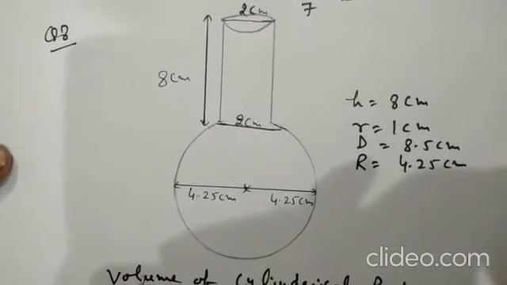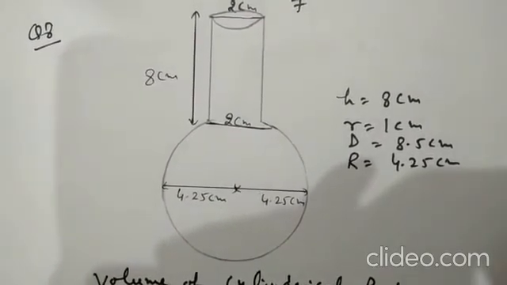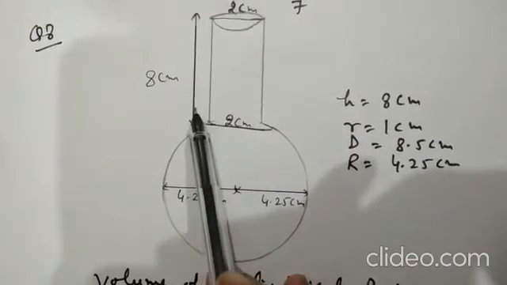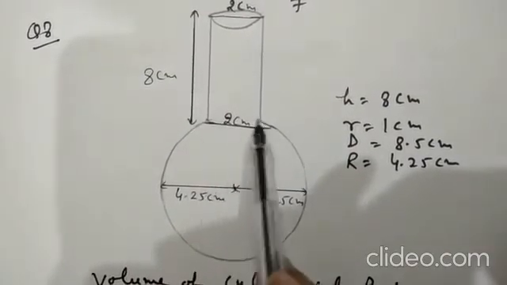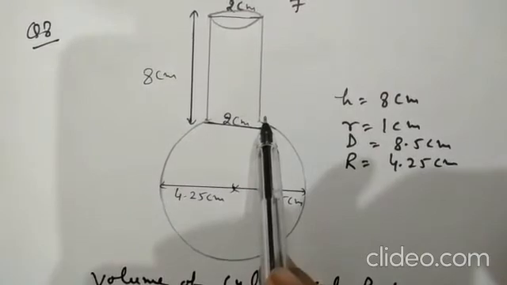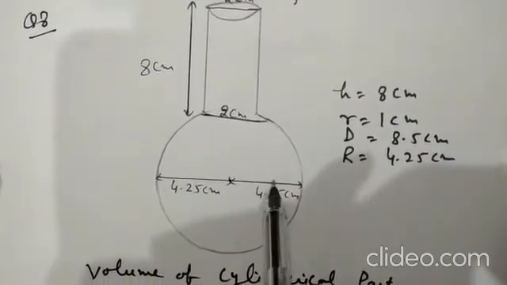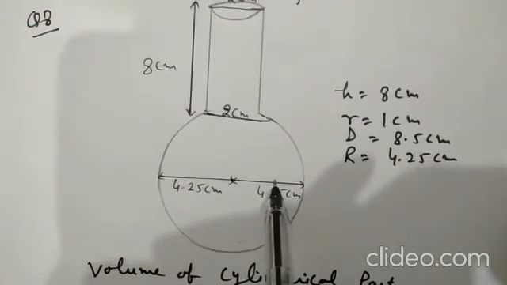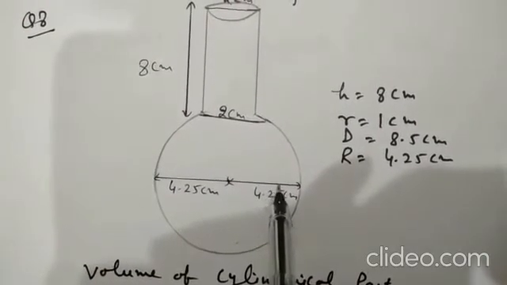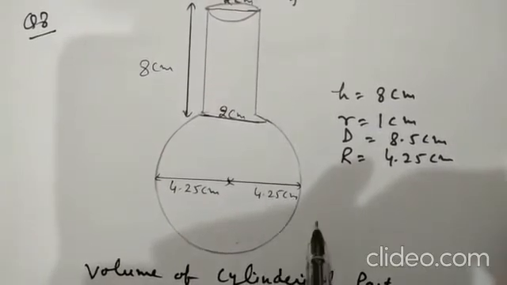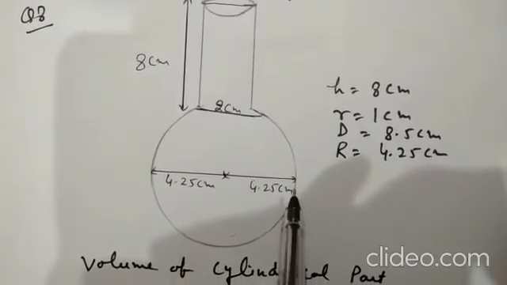Question number 8. A spherical glass vessel has a cylindrical neck 8 cm long and 2 cm in diameter. The diameter of the spherical part is 8.5. By measuring the amount of water it can hold, a child finds its volume to be 345 cubic centimeter.